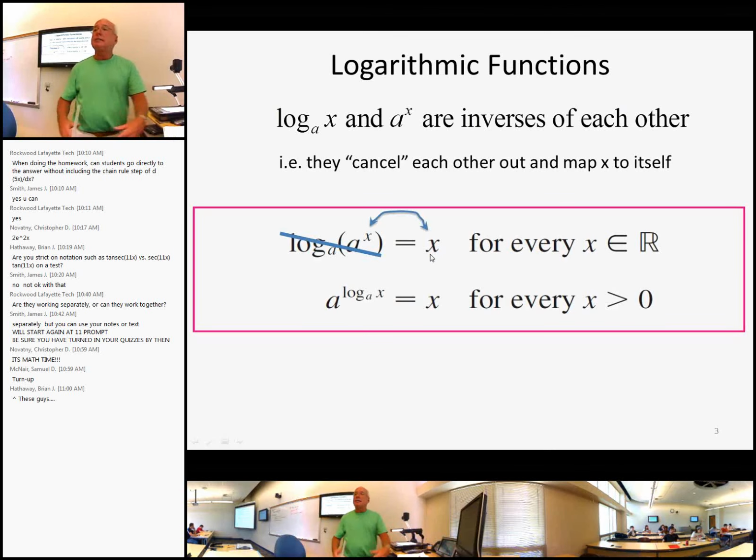X gets mapped to x itself. The same thing if we take an exponent function and apply it to the log function. Again, the exponent and the log cancel each other out, and x gets mapped to x.